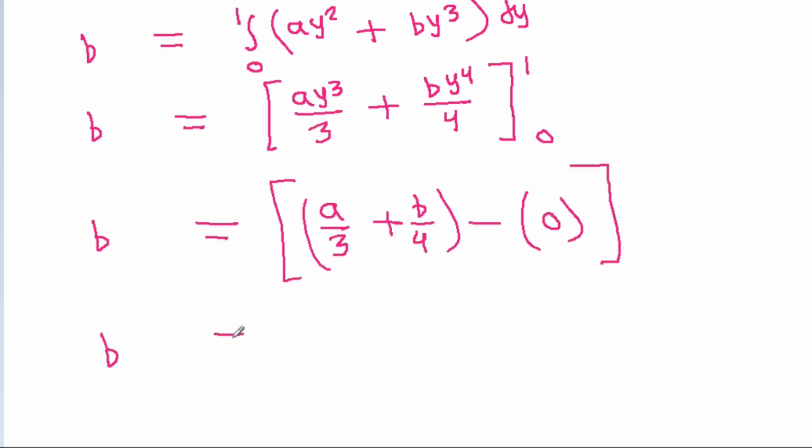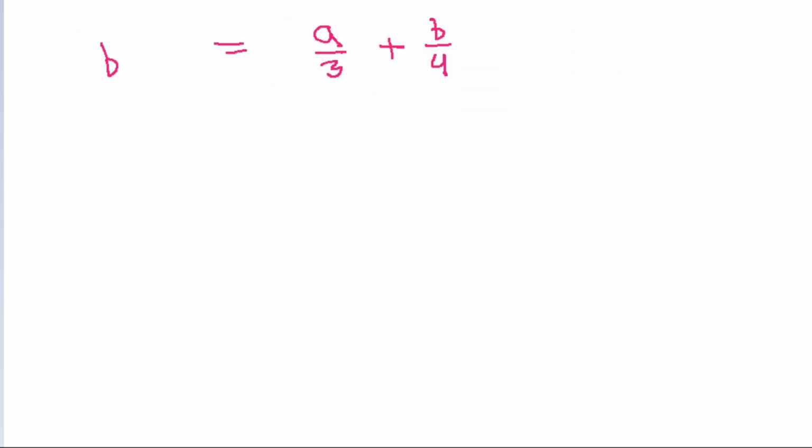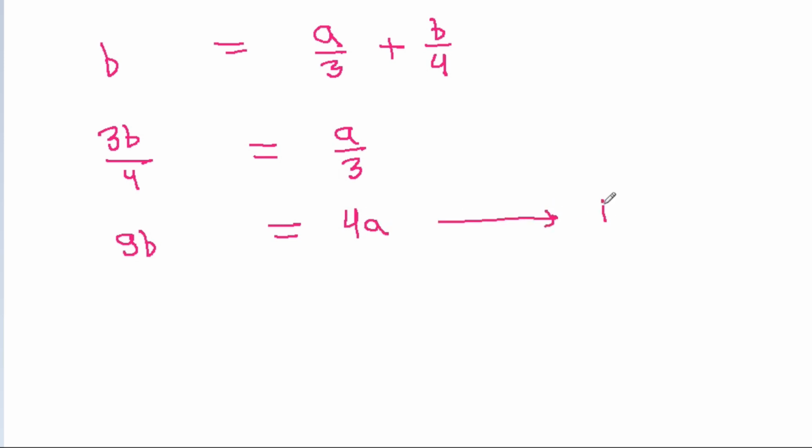So b is equal to a by 3 plus b by 4, and b minus b by 4 will be 3b by 4 is equal to a by 3. If we cross multiply, then we will get 9b is equal to 4a. Suppose this is equation 2.